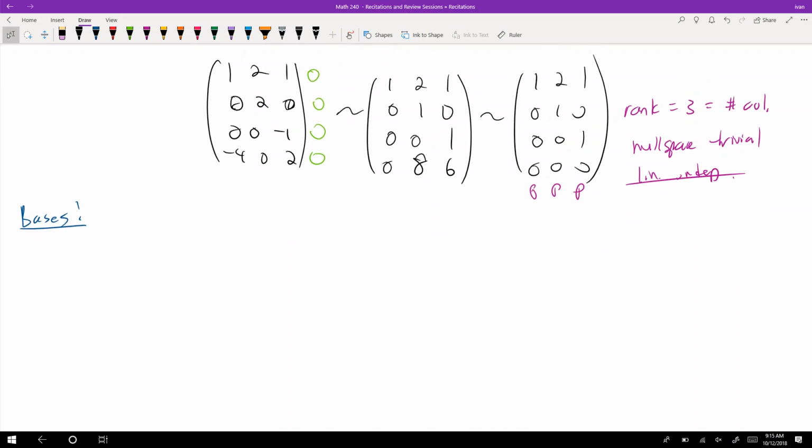Hopefully we realize that polynomials can be linearly independent as well. But now we're going to talk about bases. And so, okay, what are bases? Let's begin with the definition.